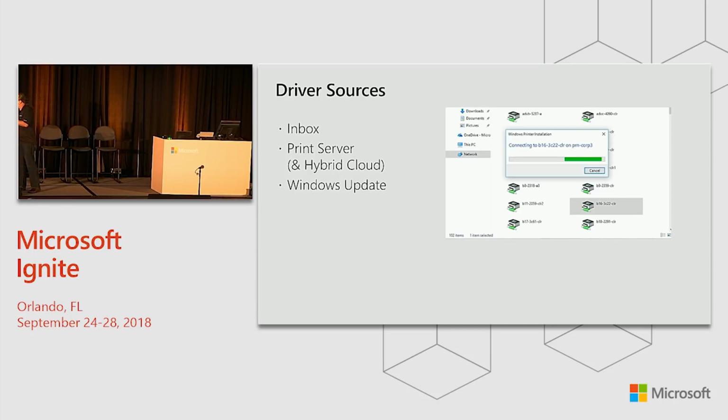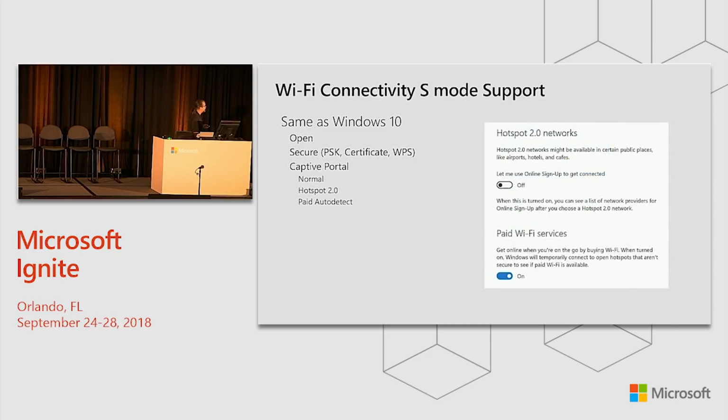You can do the exact same connectivity scenarios with Windows 10 S mode for shared print servers that you do with non-S mode devices. Wi-Fi connectivity, again, same as Windows 10, open, secure, pre-shared key, certificate, captive portal, normal hotspot, all of that.